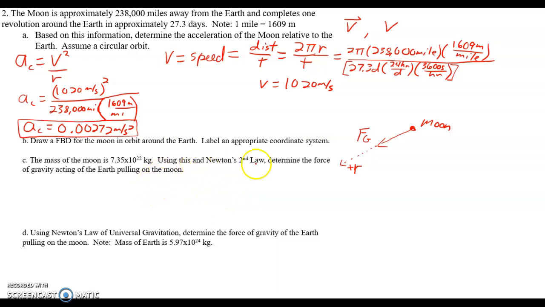And now we're supposed to use Newton's second law to determine the force of gravity. Well, the second law, F equals ma: Fg equals the mass of the moon, 7.35 times 10 to the 22nd kilograms, times our acceleration from above.